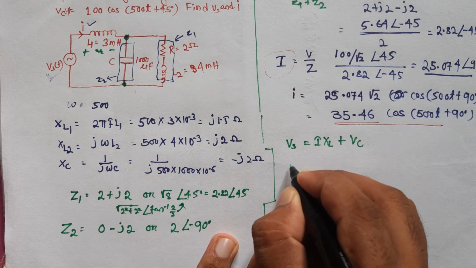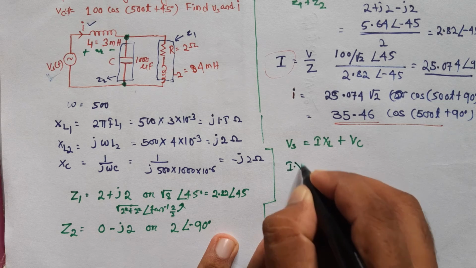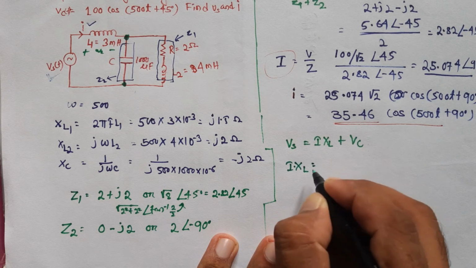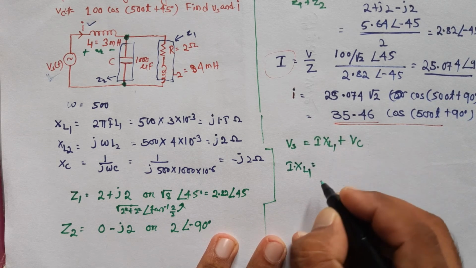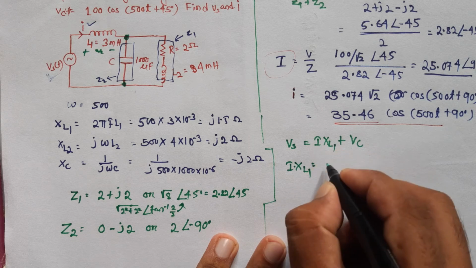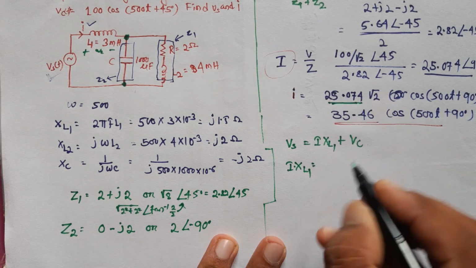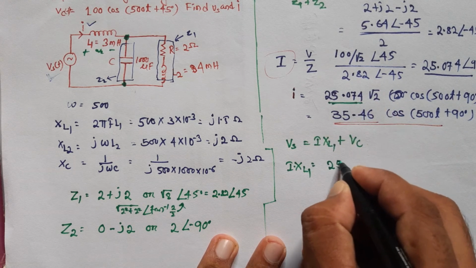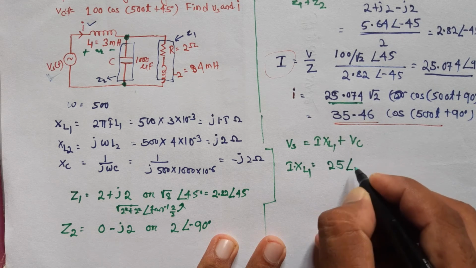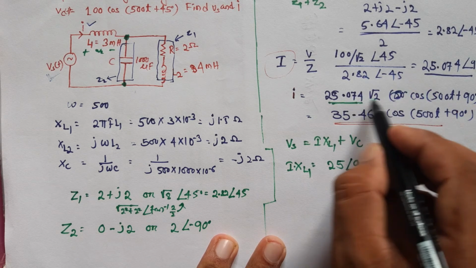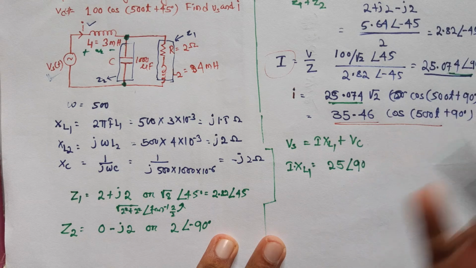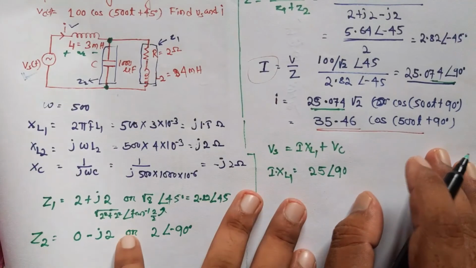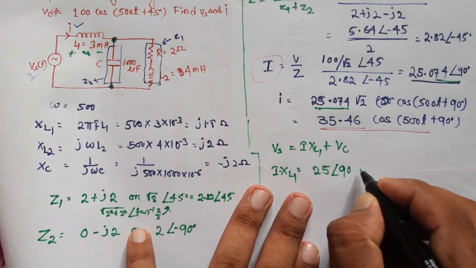Here for finding IXL, the voltage drop across the inductor, for I we know it is 25 angle 90 degrees, into XL.